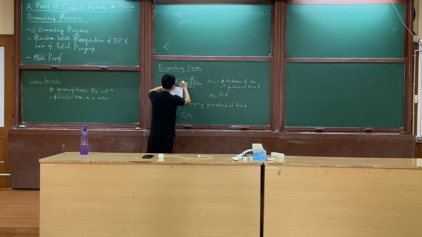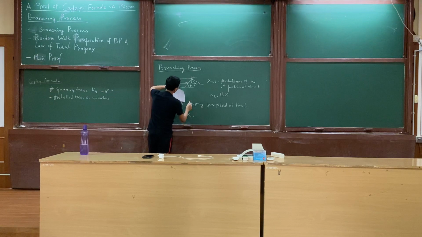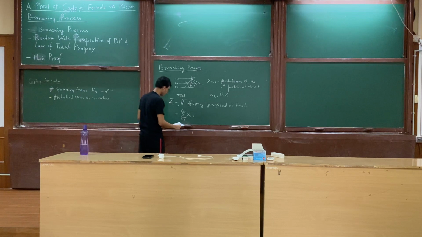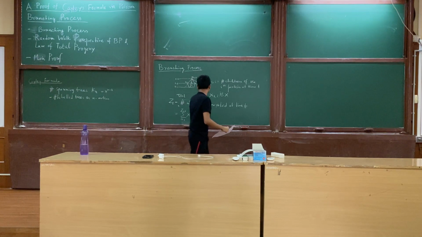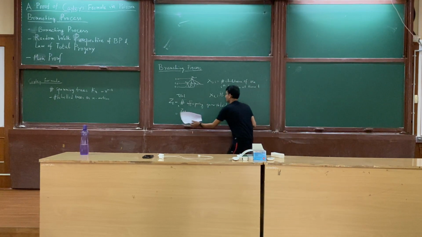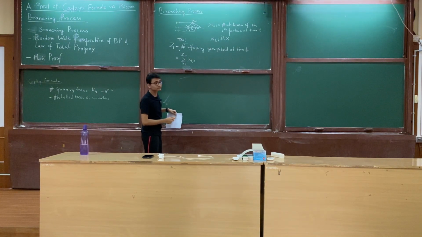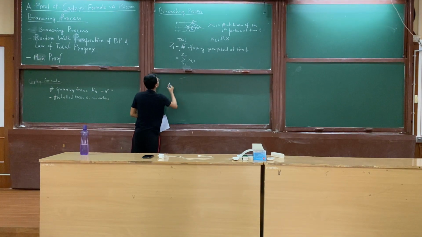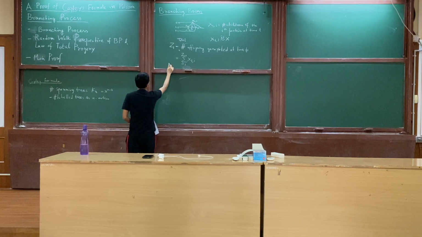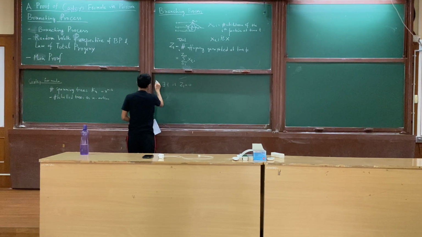I mean, we are counting only the number of offspring generated at time t, so this sum runs from 1 to 2 up to Z_(t-1). So when will it get extinct? When this population gets extinct, there should exist a t such that Z_t equals 0. So we want to compute this probability.